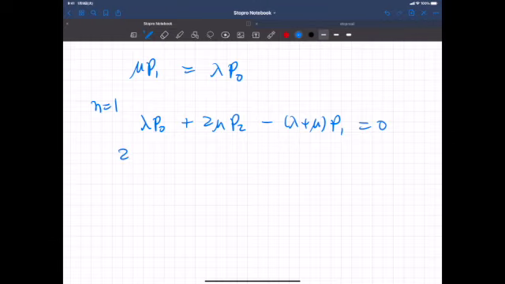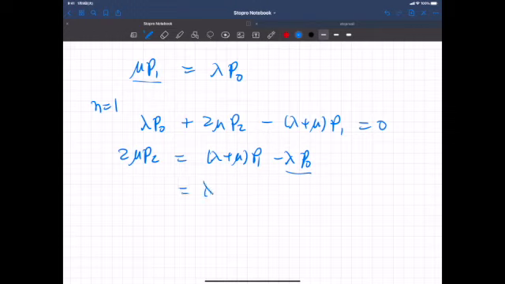So we have 2 mu P2 equals (lambda plus mu) P1 minus lambda P0. And lambda P0 is mu P1.